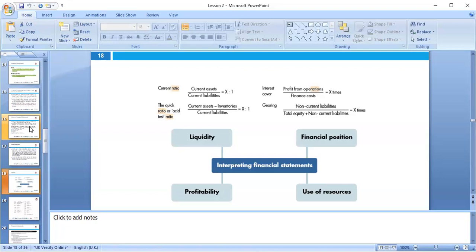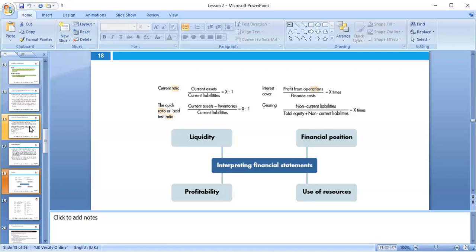Okay, then we can look at financial position ratios. There are only two ratios we normally calculate: interest cover ratio, how many times profit is higher than the finance cost. Finance cost means the interest we are paying on the loan. Gearing ratio: gearing means high gear, high risk, like if you drive your car, high gear, high risk.